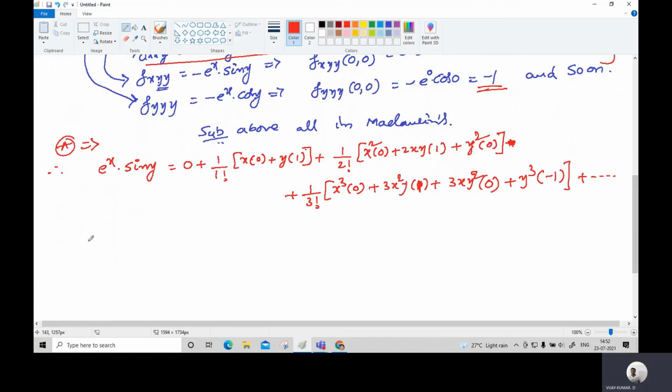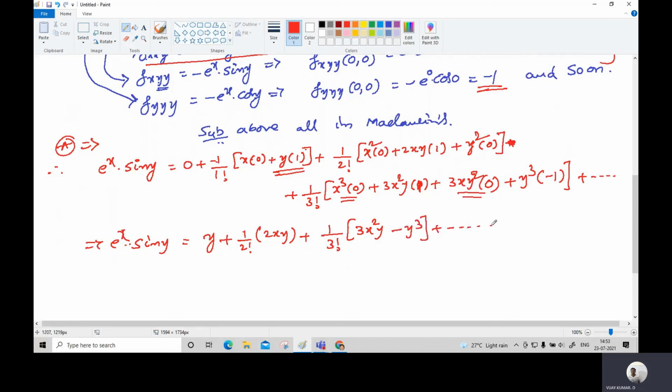Now simplify the terms. So you will get e power x into sin y is equal to, here we have only one term, 1 into y, remaining are all zeros, plus here we have 1 by 2 factorial into only 2xy, plus 1 by 3 factorial into, this is 0, here we have 3x square y, this is 0, and here we have minus y cube, plus 1.